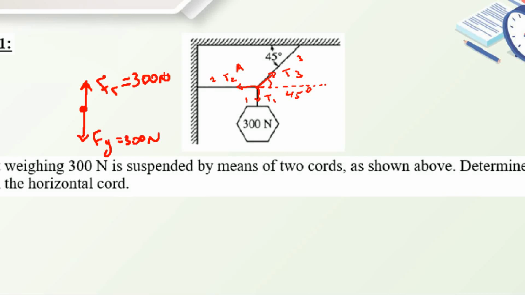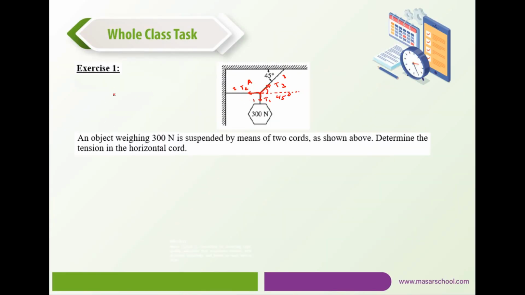But I have mentioned that the tension along the same rope or cord is the same, which means that T1 at this point is also 300 newtons. So T1 is equal to the pull of gravity, which is 300 newtons. This is the first thing we can say.